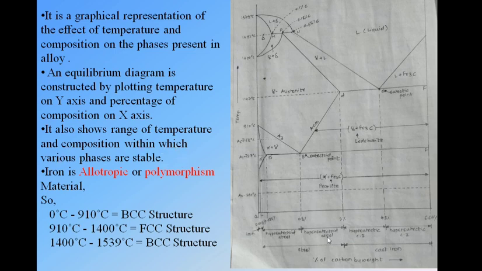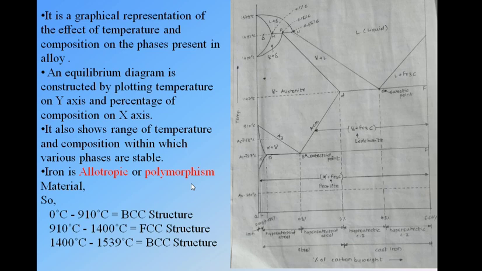Just like in steel we have different phases, like alpha ferrite is in steel, austenite is in steel, delta ferrite is in steel, then cementite, this is Fe3C, will be in cast iron. Okay, so the composition and temperature will show the different types of phases. Okay, next, iron is an allotropic or polymorphic material.